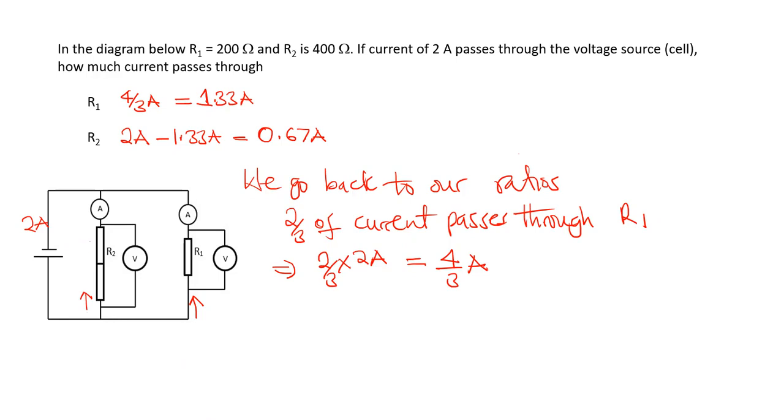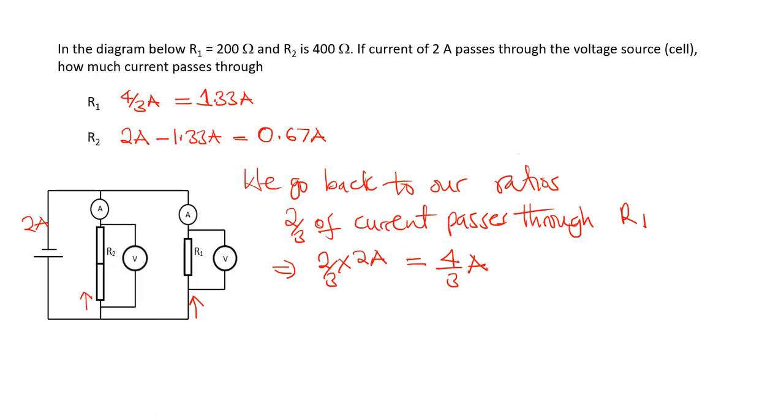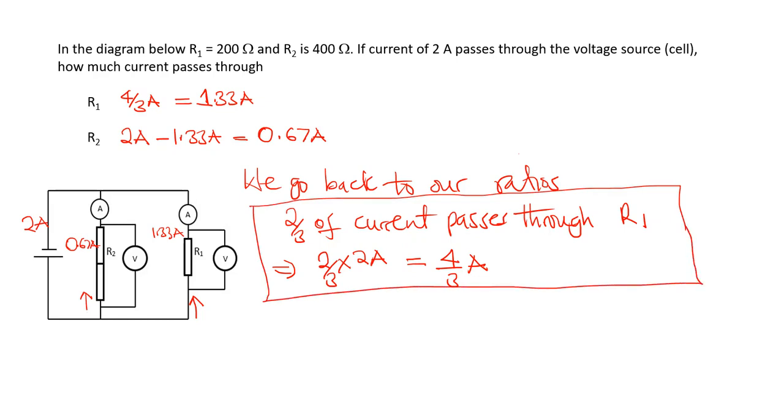So of the 2 amp you have at the beginning, 0.67 amp goes here and 1.33 amp goes here, and you can see that we have used our ratios based on this problem. We have used the ratios that we got at the beginning there, so you really need to keep these ratios.